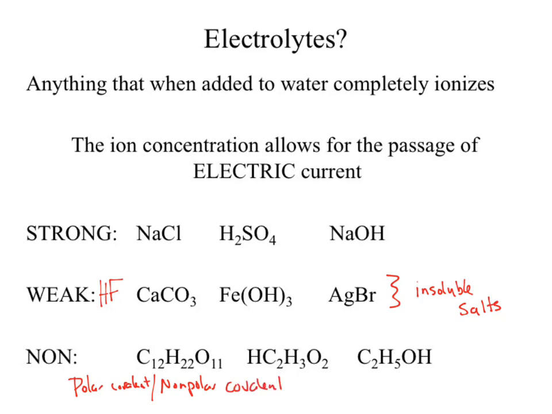These typically get referred to as molecular compounds. I don't particularly like that nomenclature system, but that's what they get called. Molecular, because when we go to name them, we don't name them according to our ionic nomenclature rules or our acid nomenclature rules. Questions on that?